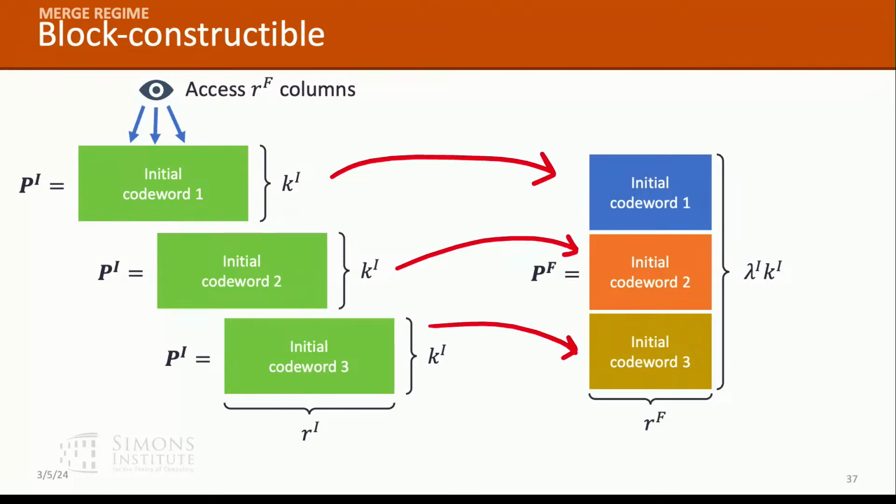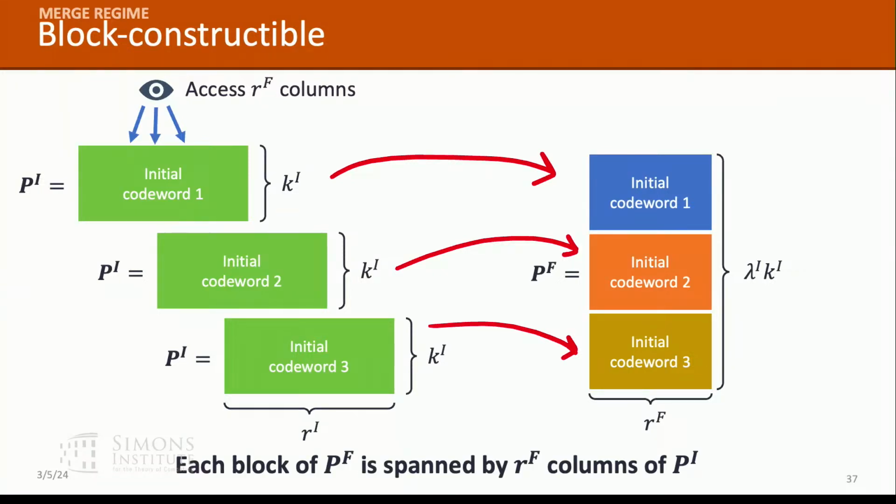What the block reconstructible property says is that you need to be able to span these subblocks of the parity matrix using RF columns of the initial parity matrix. If we have that property, then you can construct this PF by reading only RF columns from these initial codewords. And that's how we can meet that bound of touching only RF from each of the codewords. This is just a very high level pictorial representation.